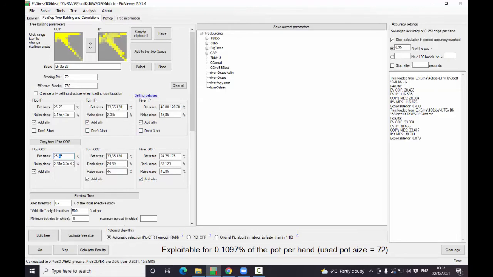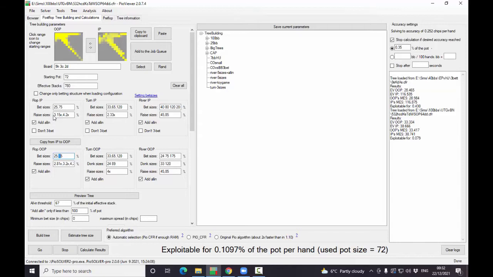It's important to realize that if you don't put in enough options on later streets, that'll affect earlier streets. For example, if you don't have overbet as an option on the turn, there are a lot of sims where the optimal strategy will be to maybe bet small on the flop and then overbet the turn if we're called. Now, if you don't have overbet on the turn as an option, then the solver will often switch to betting larger on the flop so that it can get more chips in, because it's not allowed to overbet on the turn.